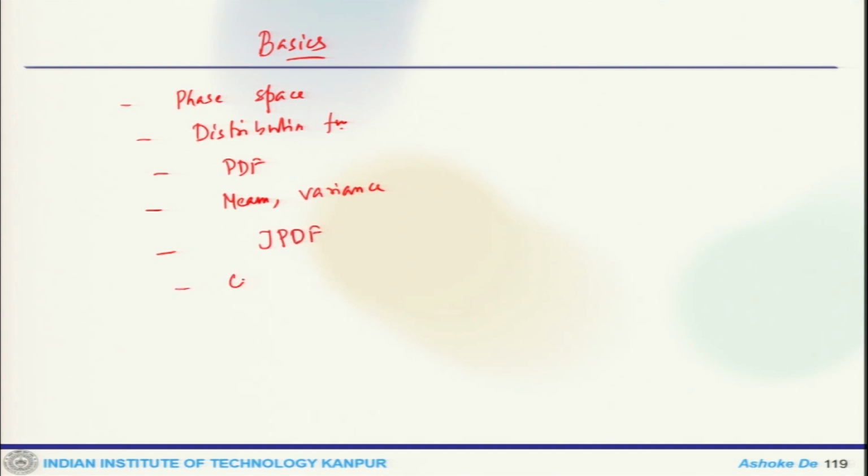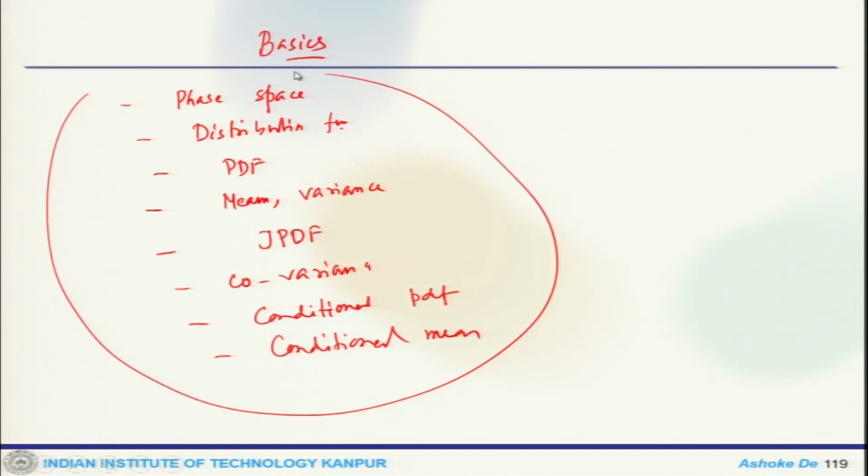One is the phase space, which we have already looked at, then distribution function, probability density function, mean, variance, joint PDF, covariance, conditional PDF and conditional mean. So, these are some of the properties which will be used.